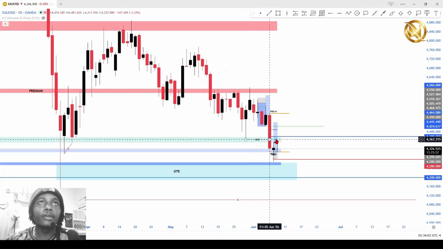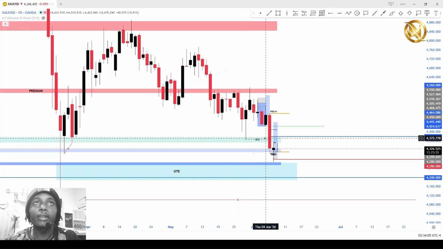After having this break of structure, I knew for a fact that we were going to have a retracement to the upside to fill in a form of imbalances, as you are going to see in the breakdown.